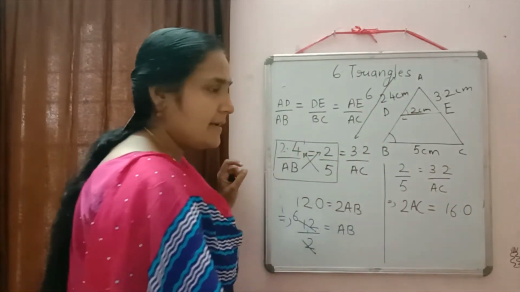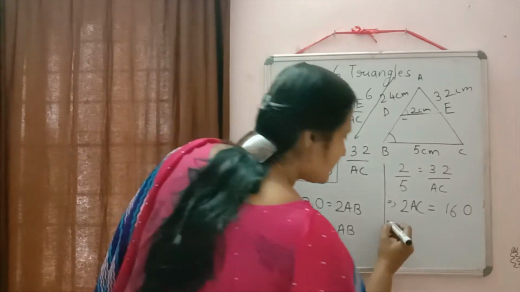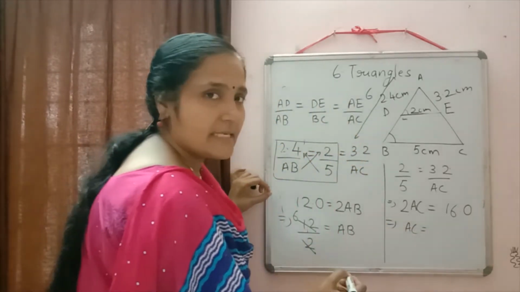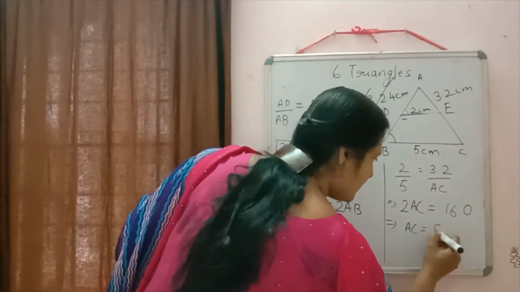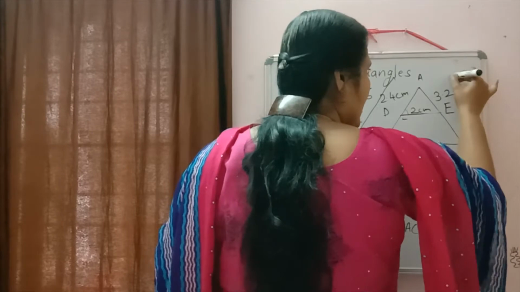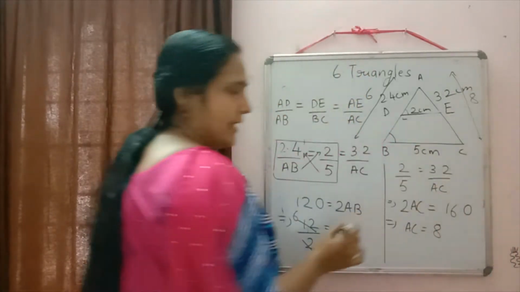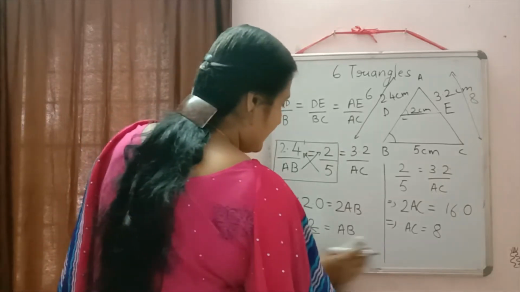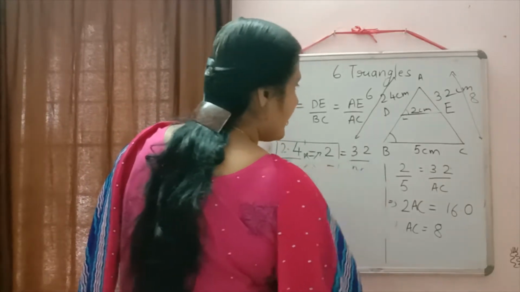Then what we are getting? 2AC is equal to 16. Then it will come AC is equal to 16 divided by 2. So that will be equal to 8. So we are getting the value of AC is equal to 8. But in the question it is given find BD and CE, not AB and AC.